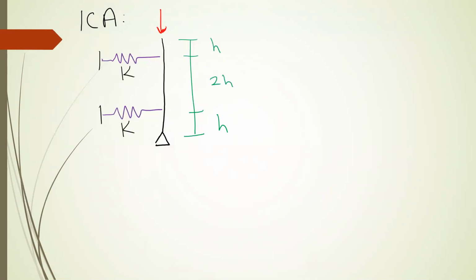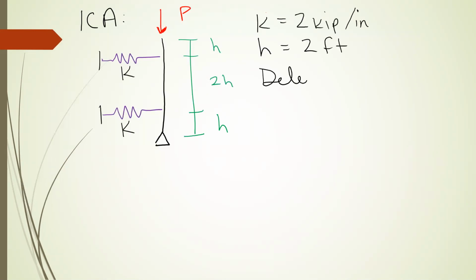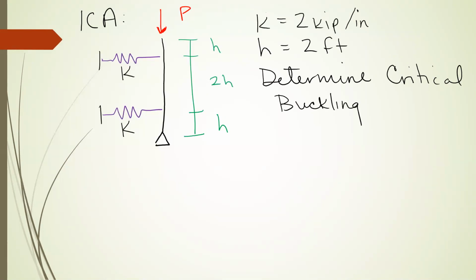And the load applied is P. So if K takes on a value of 2 kips per inch and H equals 2 feet, determine the critical buckling load, or the load at which we'll say this is buckled.